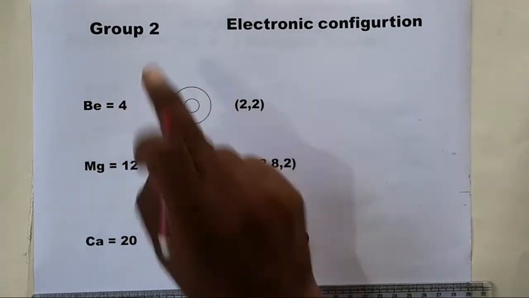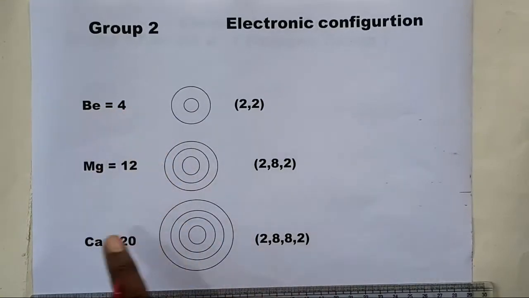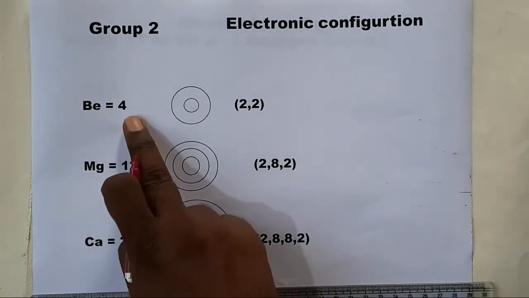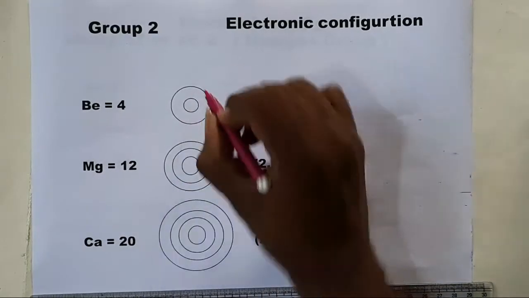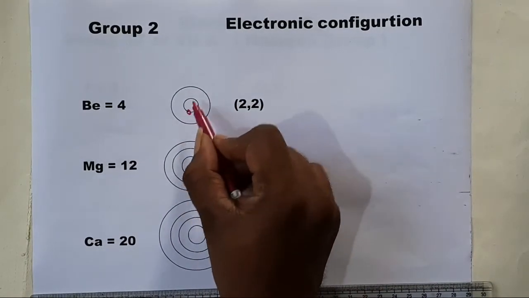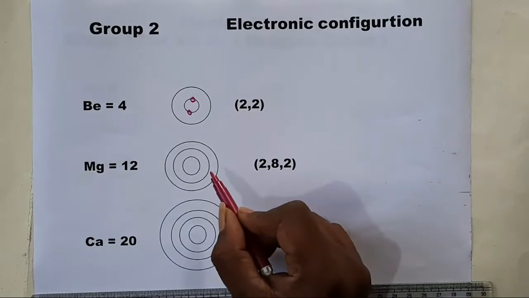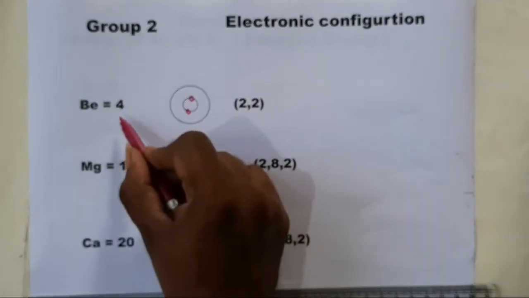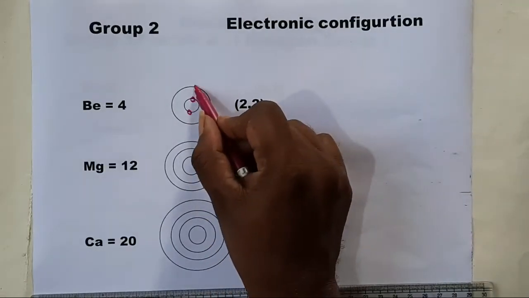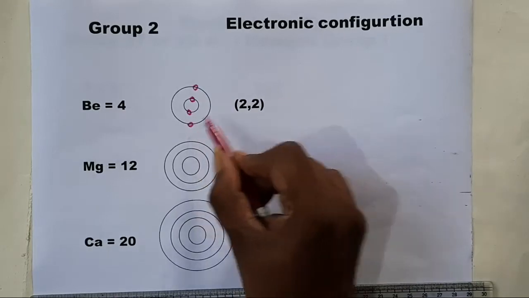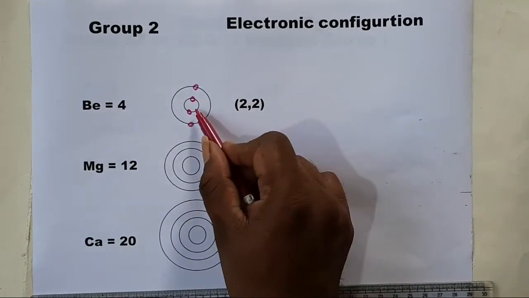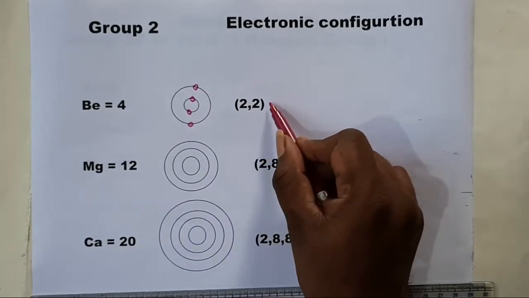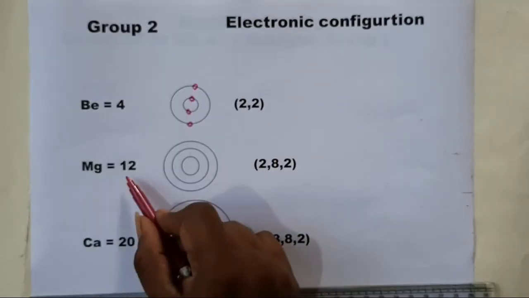Now this is group 2, beryllium 4, magnesium 12 and calcium 20. Beryllium 4 means in the first shell I can put maximum 2. So out of 4, 2 electrons are here, the remaining 2 electrons. So how will you write the electronic configuration? 2 and 2. Magnesium is 12.